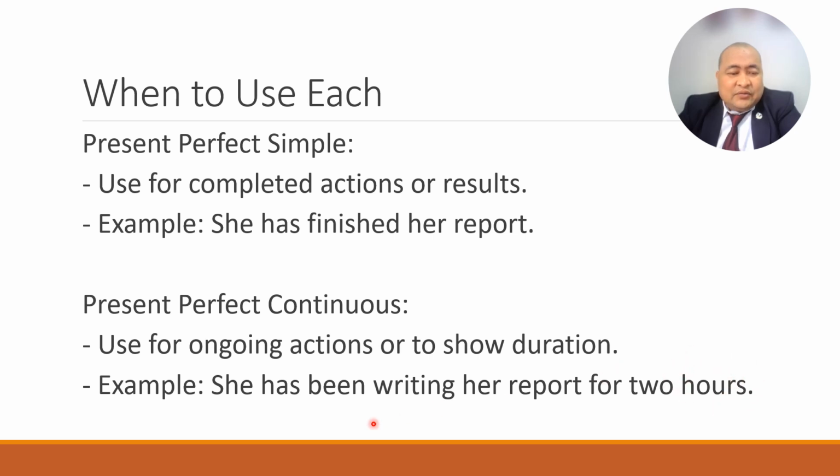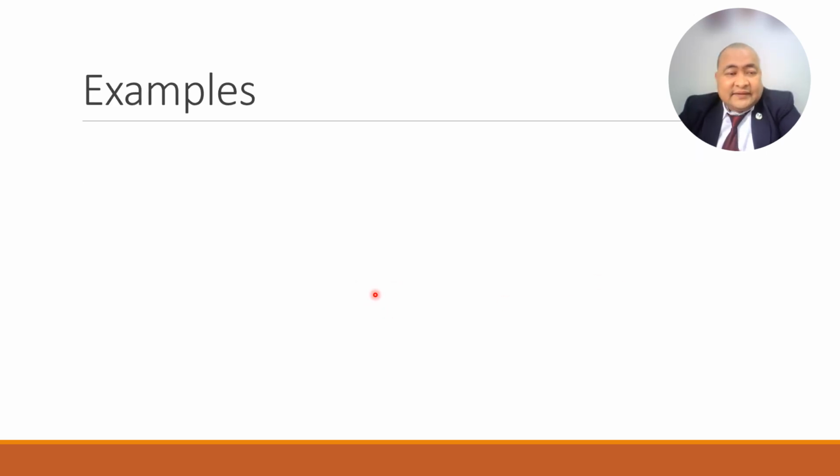For 2 hours, she is still writing the report now. Compared to this one, she has finished a report, not writing anymore. This one, has been writing, still writing. Duration, 2 hours already.